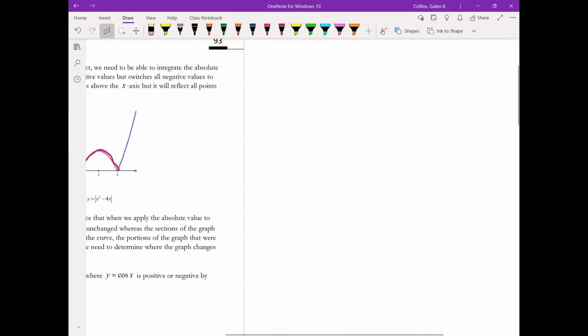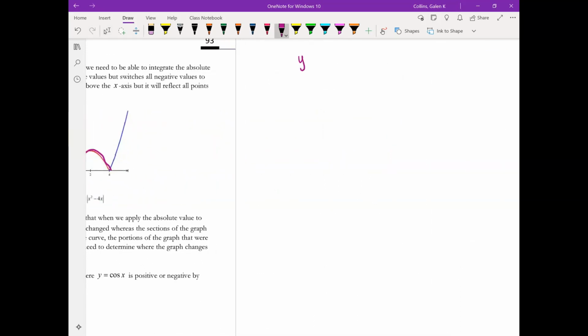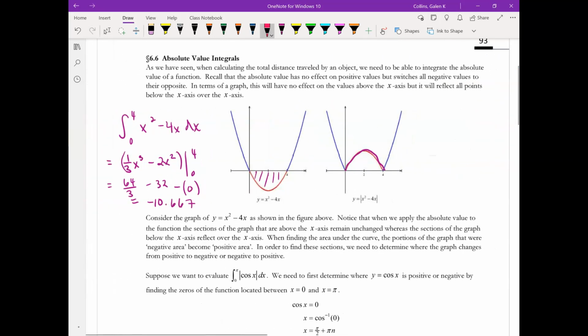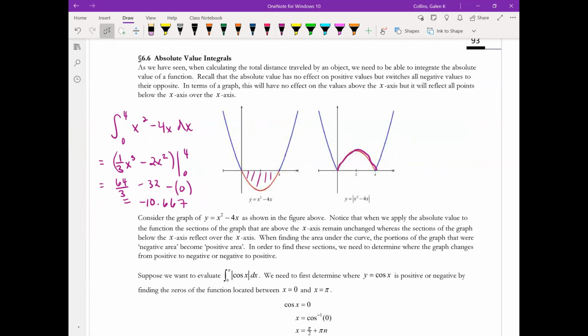So going out to the side, if I think about y equals x, the easiest thing I can think of, we know the graph of y equals x is linear and it has a slope of positive 1. Well, if we instead graph y equals the absolute value of x, the part that's above the x-axis stays, but the part that's below gets reflected up. So the same is going to happen for any function if we graph its absolute value.